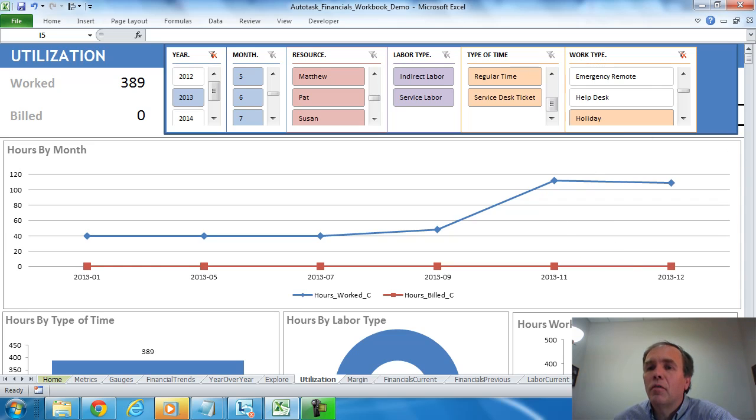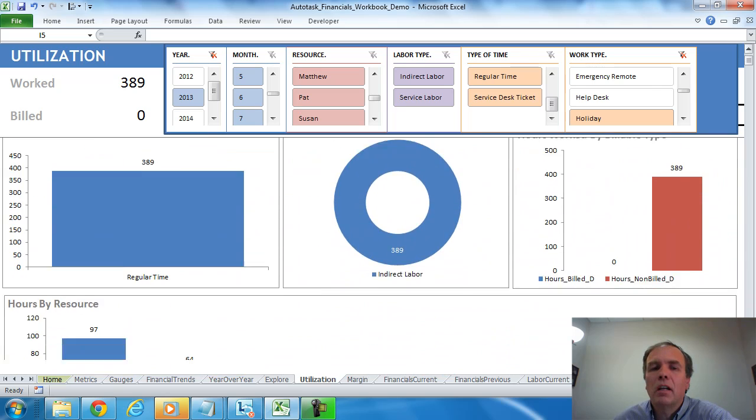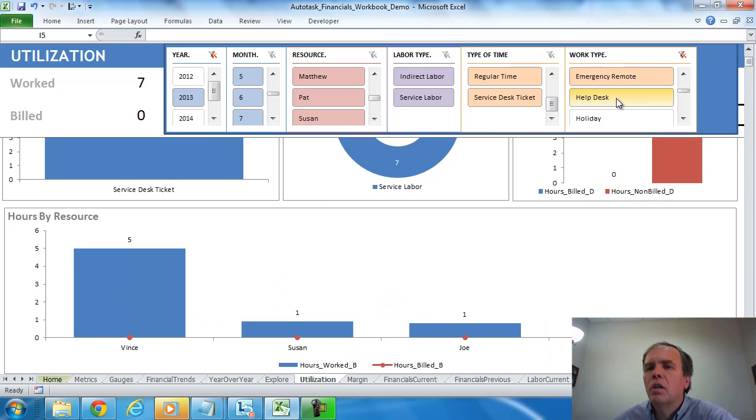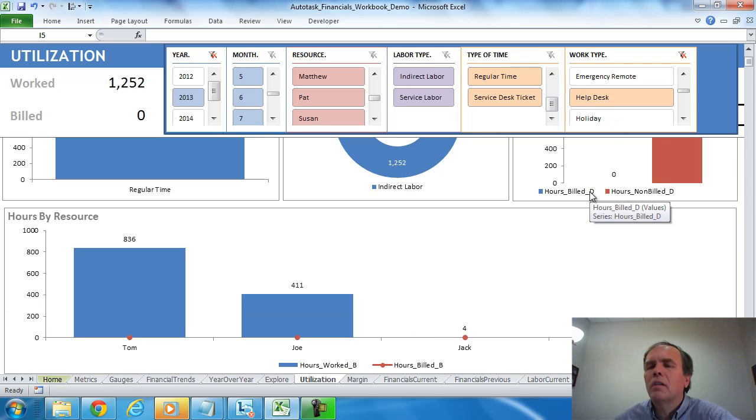Likewise, for holiday time, I can go down through and I can look at individuals who spent the most hours in terms of holiday time, or emergency support or help desk. Really the way in which you can click around and basically see either on a department level basis or a resource basis how people have been spending their time.